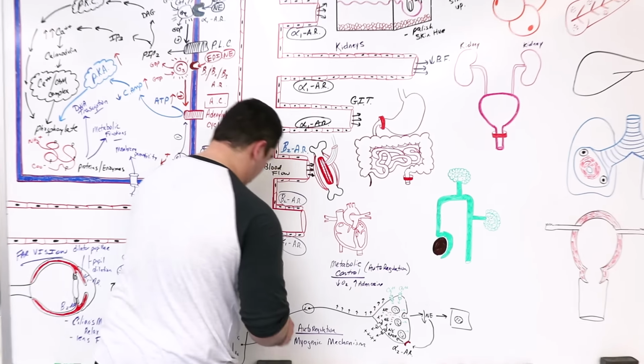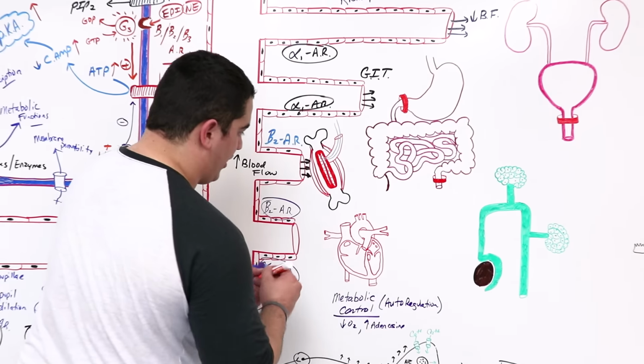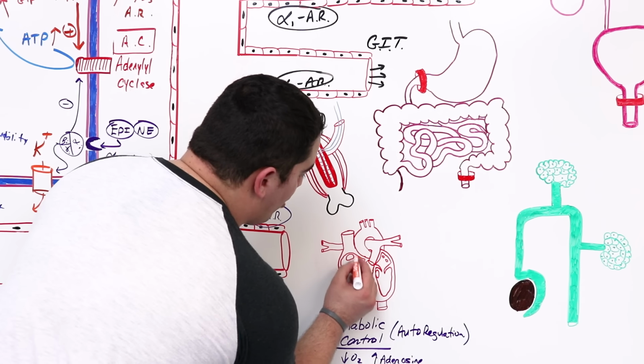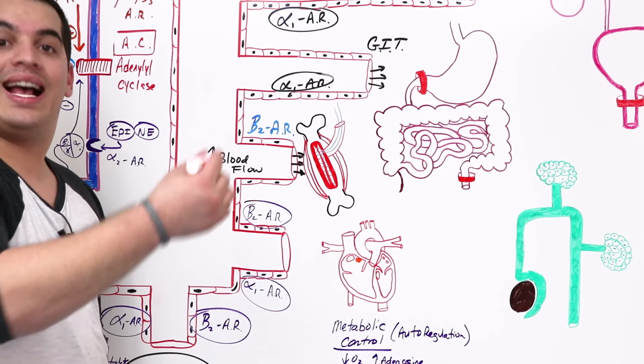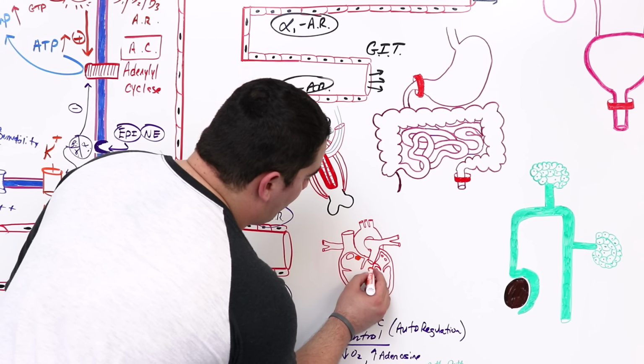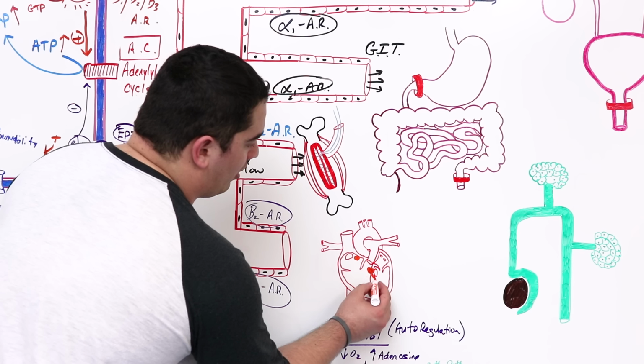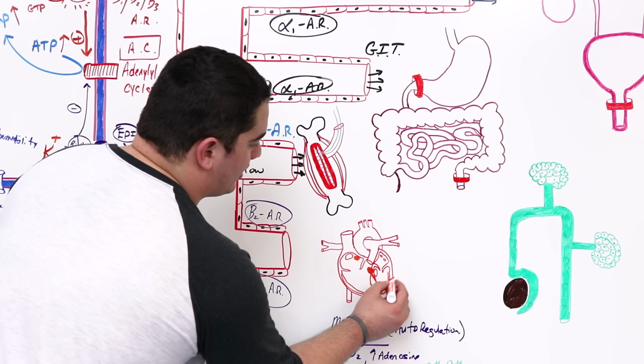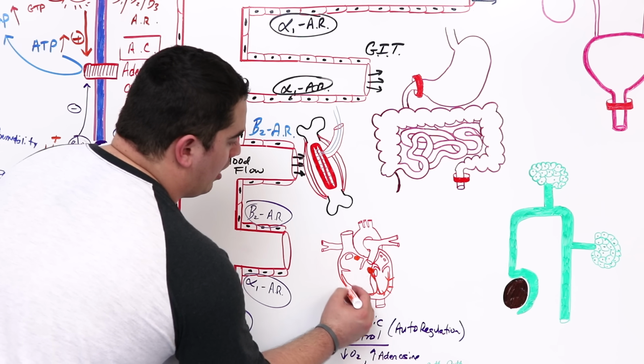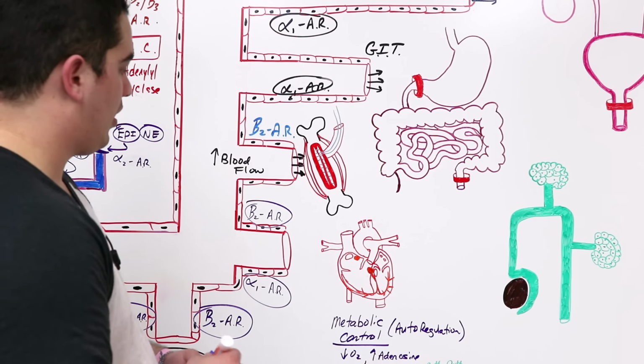Let's do this in orange here. It has its own nodal system, okay? Like the SA node. If you remember, it has the AV node, it has the bundle of His, and it has the bundle branches, and the Purkinje system.